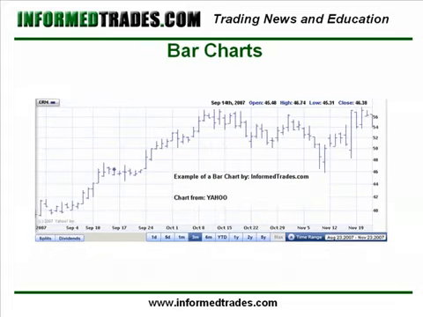The next type of chart is what's known as a bar chart, and this shows, as you can see, a lot more detail than a line chart. In addition to the close price, which you see on a line chart, on a bar chart you also see the high for the day, the low for the day, the open, and the close price. The thin vertical line is connecting the high price with the low price for the day or whatever time period you've selected.